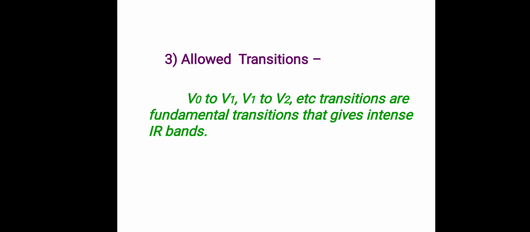Then the third point is allowed transition. What is an allowed transition? Transitions like V0 to V1, V1 to V2, etc. are fundamental transitions that give an intense IR band. Intense IR band means strong IR bands.